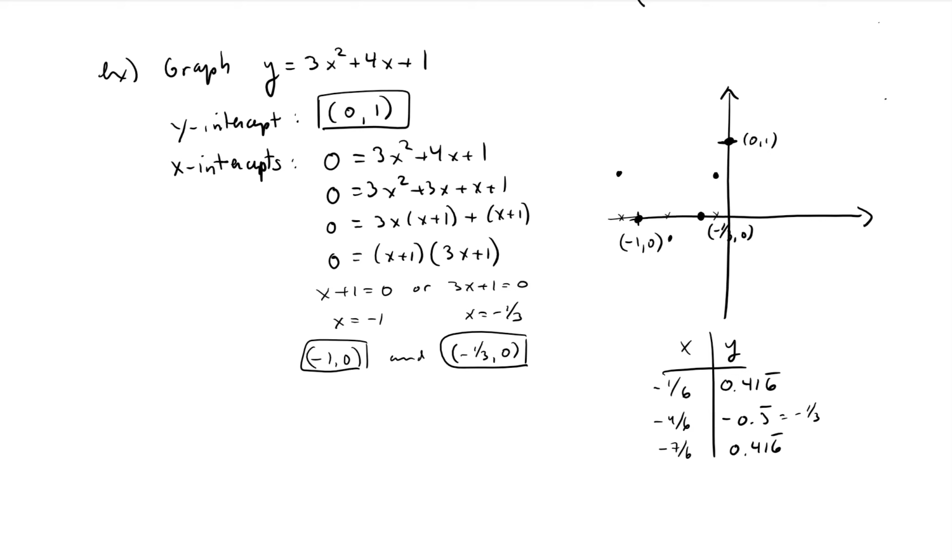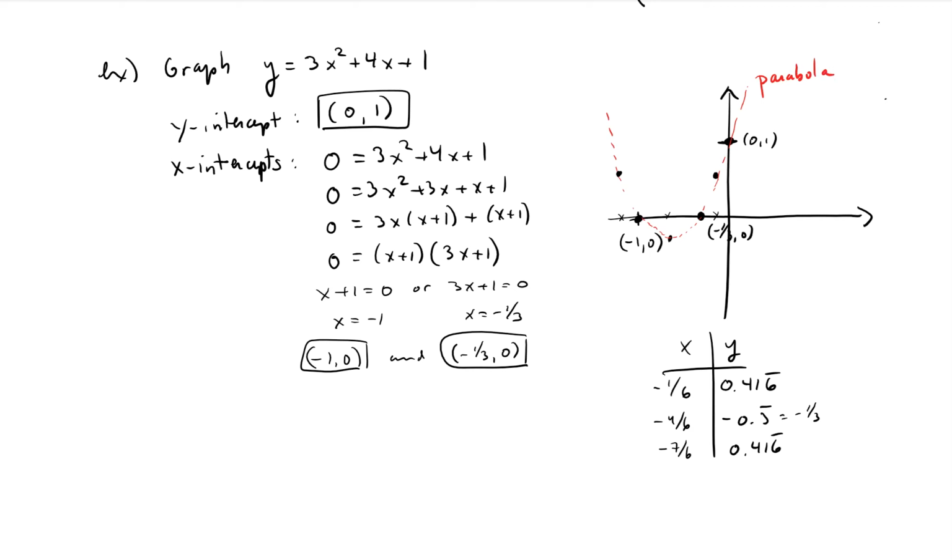If we had more points, we would actually see that the curve looks like this, and it reaches its lowest point exactly at minus 4/6. So this is what we call a parabola.